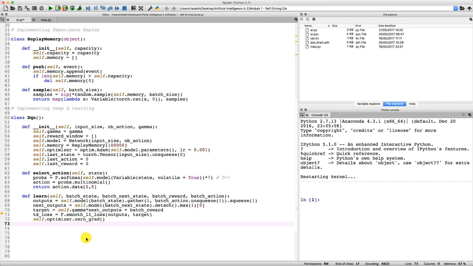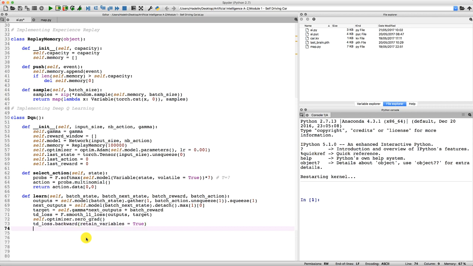And how do we do that? Well, we take our TD loss and we are going to backpropagate it back into the network. And to backpropagate it into the network, we need to use the backward function. And inside this backward function, I recommend to input retain_variables and set it equal to True. I recommend to do this because this will improve backpropagation. The use of retain_variables equals True is to free some memory. And we need to free the memory because we're going to go several times on the loss. So that will definitely improve the training performance.